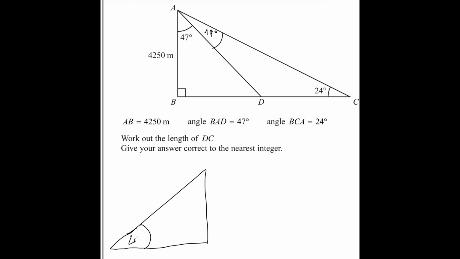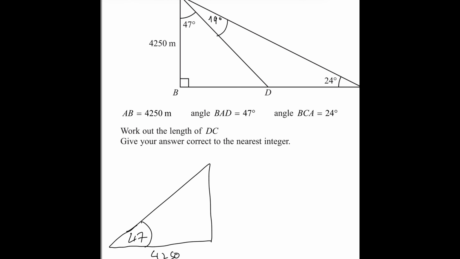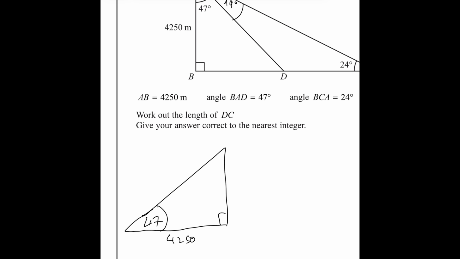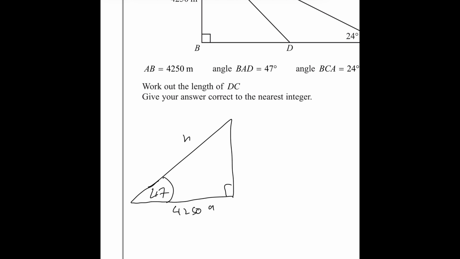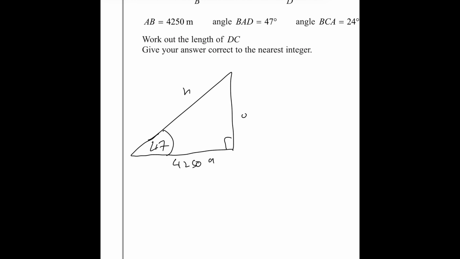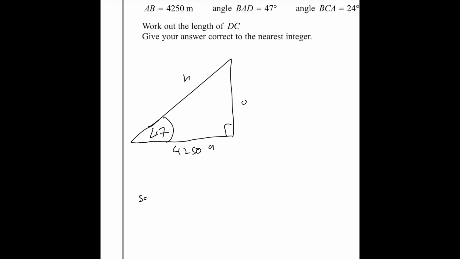So this is 47. And this is 4,250. And this is 90. So we can use SOHCAHTOA here. And we want the hypotenuse. So what we have here is the adjacent, and we don't have the opposite. So think about it. SOHCAHTOA. Which one has adjacent and hypotenuse?